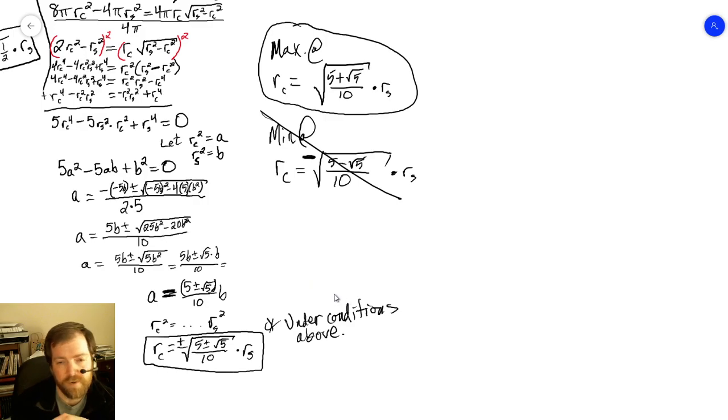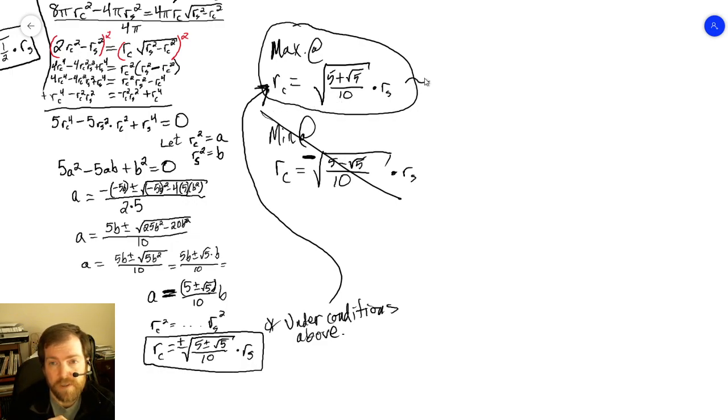So because it's under certain conditions, we notice that the maximum for this thing only exists at this particular value. This is approximately 85.065% of RS.